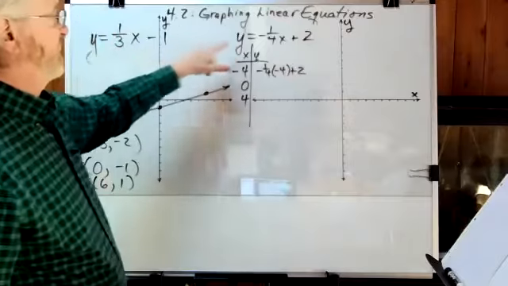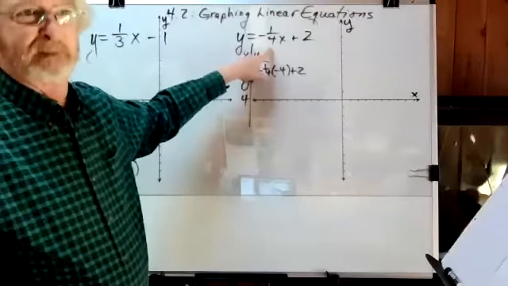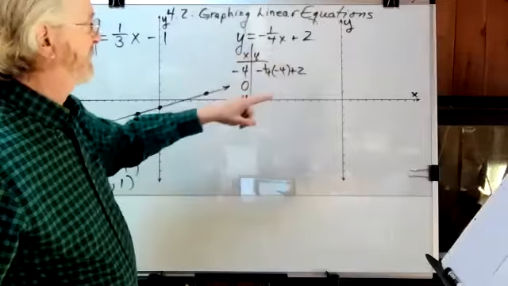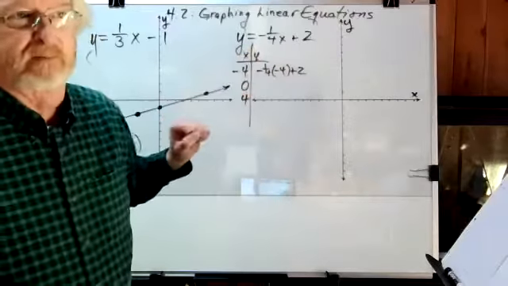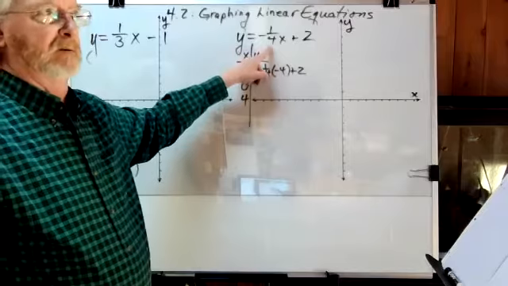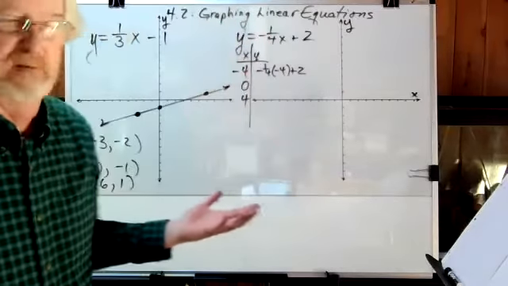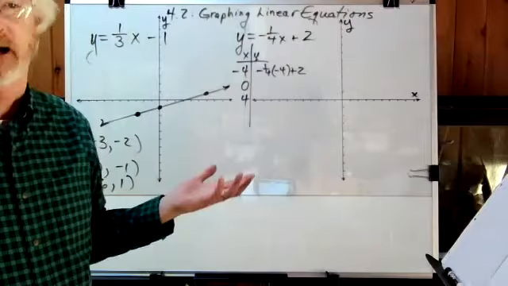Now, because these had fractions, I'm being a little more specific. I'm picking a number that works well with the fraction. A number that is a multiple of the denominator will always simplify to a whole number or an integer value, right? We'll get rid of the fraction.